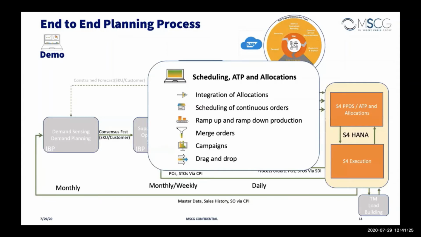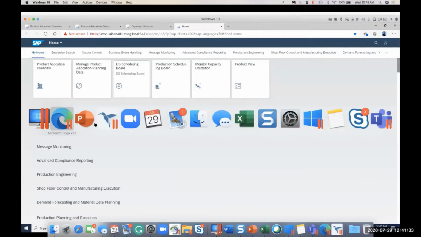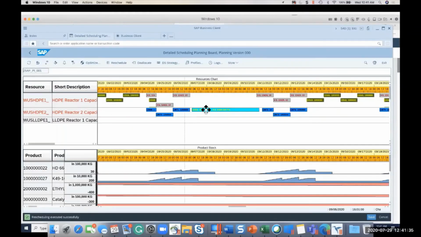Ramp up, ramp down is something that can be done if we are in that kind of situation. We can actually stretch and shrink the orders.